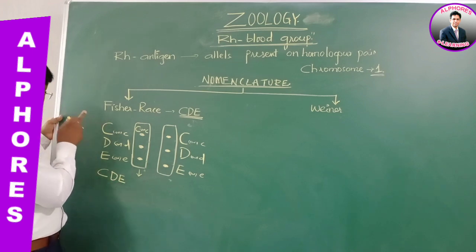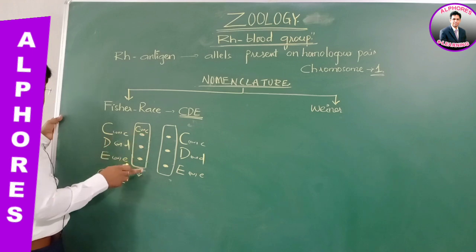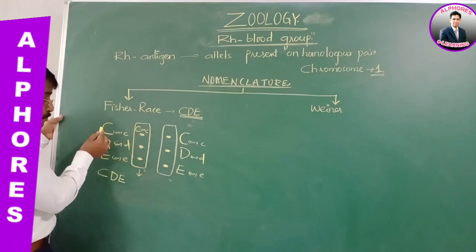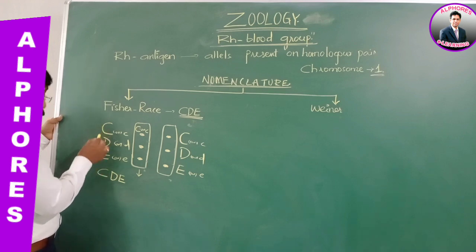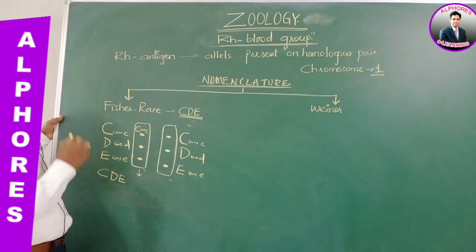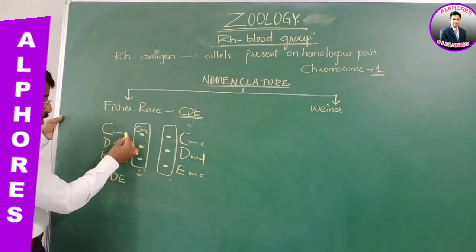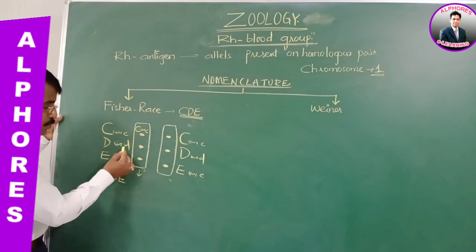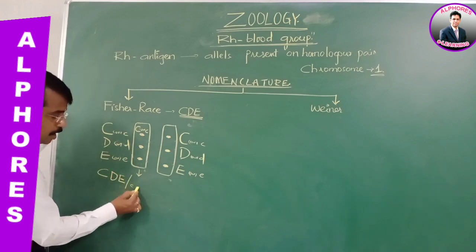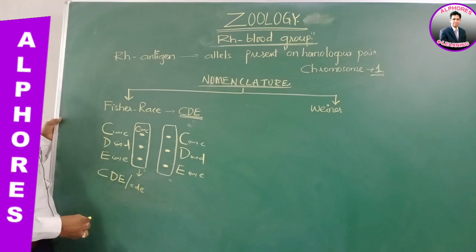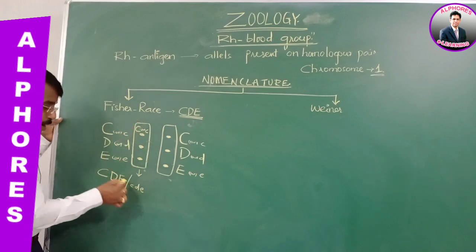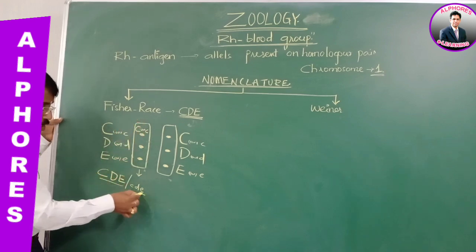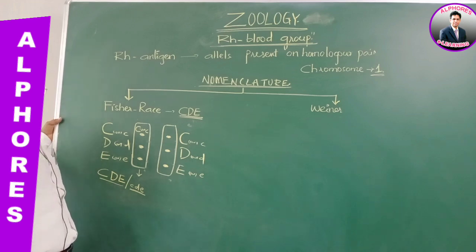Understand? What I am saying is, in a pair of alleles it may be capital C, D, capital E, or else it may be small c, small d, small e. That is, this chromosome may have either this combination or this combination.